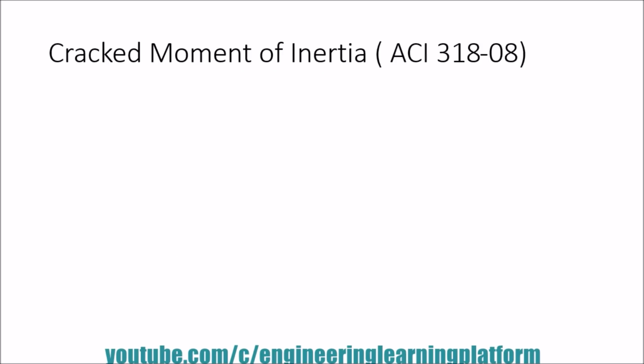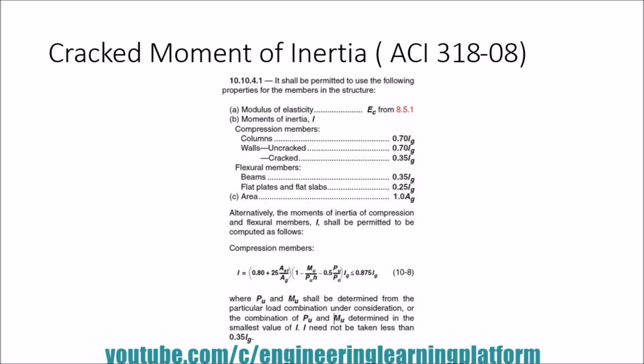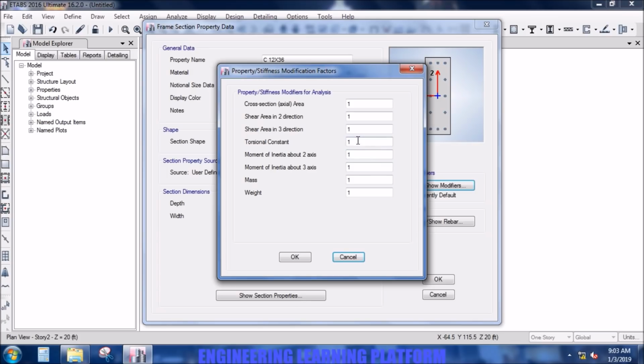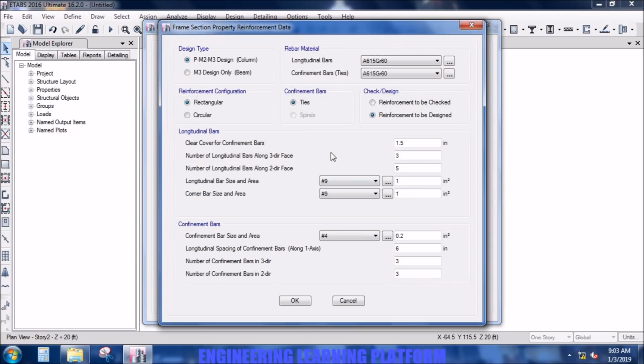Now adding the property modifiers for columns using ACI code, incorporating the cracked moment of inertia that makes it 70% of the gross moment of inertia in both the directions, so that it reduces the column's capacity, incorporating the actual condition if cracks occur.